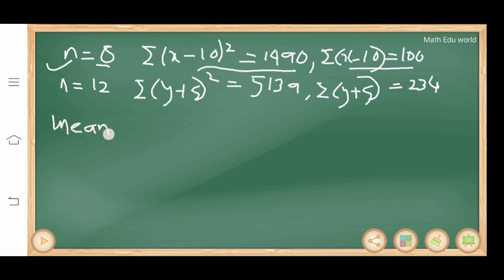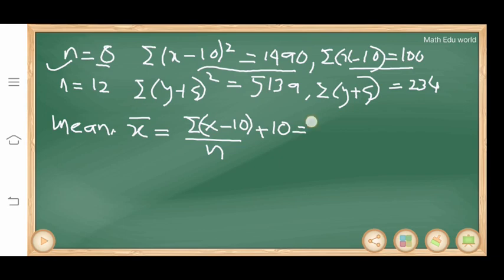Mean is, as it is coded data provided, we'll use the coded data: sigma of (x minus 10) divided by n, plus 10, which is equal to 100 by 8, plus 10. So we get that answer as 22.5 as the mean.